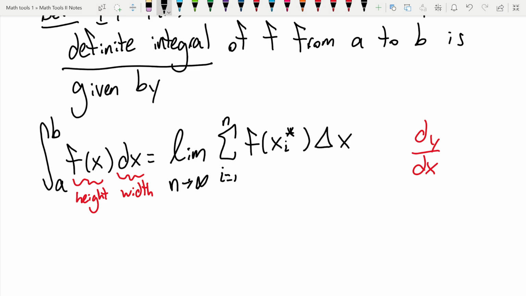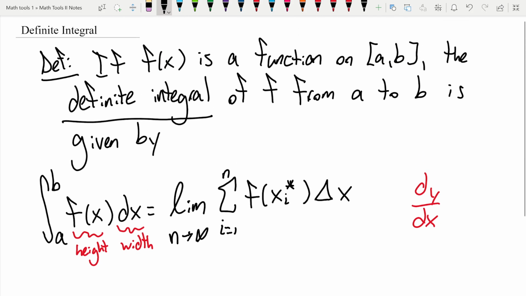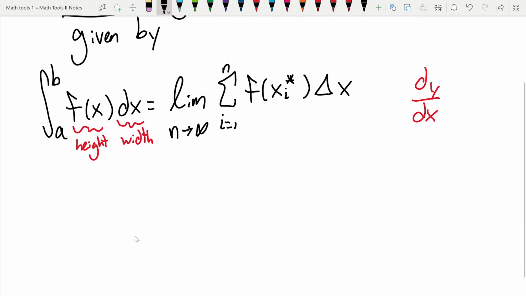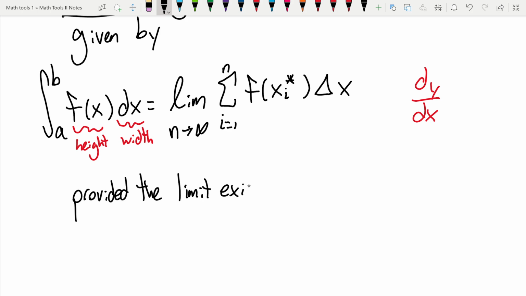So this definition isn't quite over either. I just wanted to explain that first, but here is the full definition now. The definite integral of f from a to b is given by this expression, provided the limit exists. Okay, that's not a given, of course, as we've always seen.